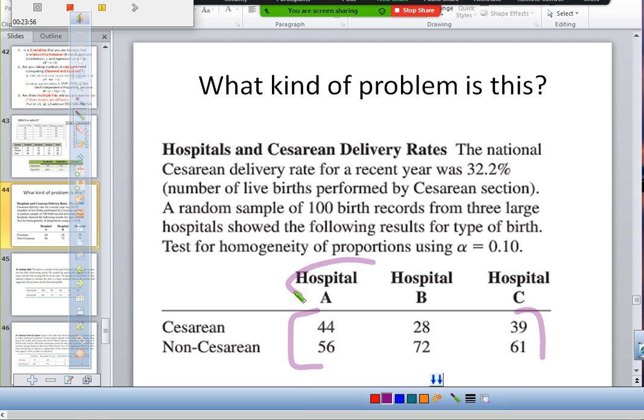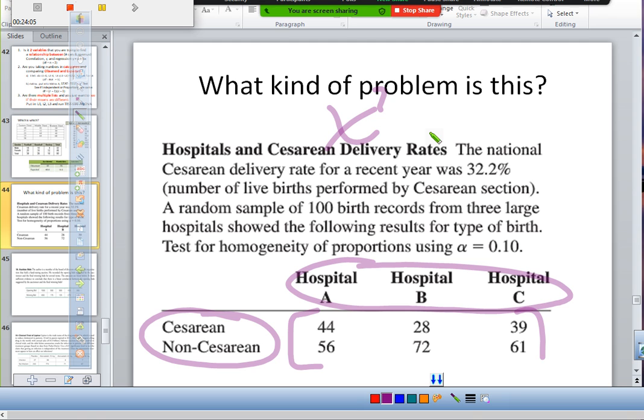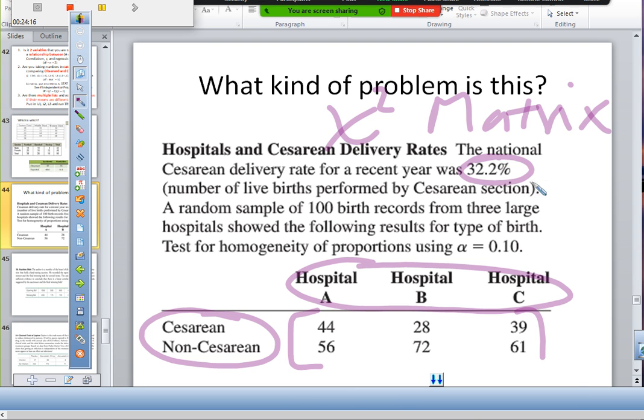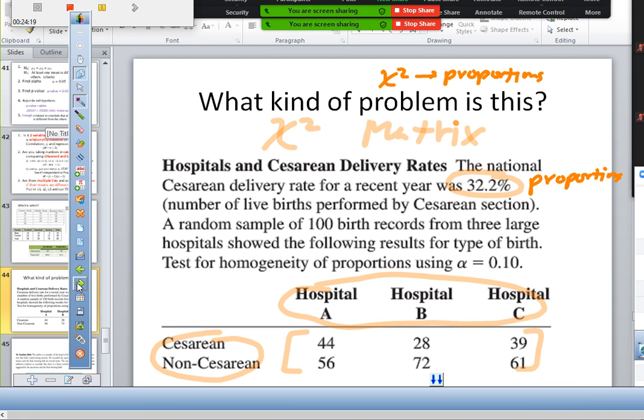Because I have categories across the top, and serial and non-serial are 2 different categories. So this is a chi-squared matrix. Also, you'll see a percent. Proportions go with chi-squareds. Chi-squareds are proportions. If you're talking about means and numbers, you're looking at ANOVA, or if your data is numbers, it could be chapter 10.